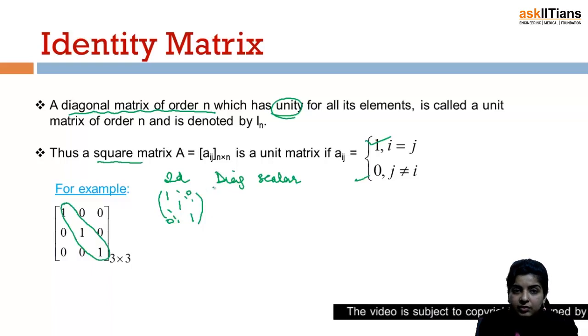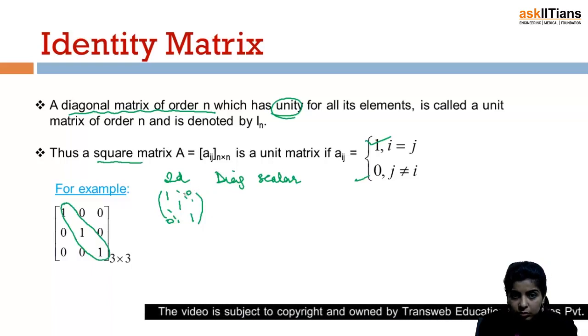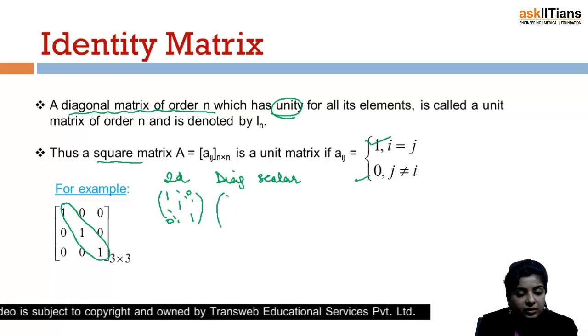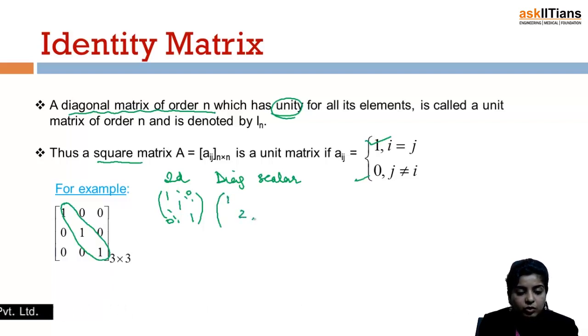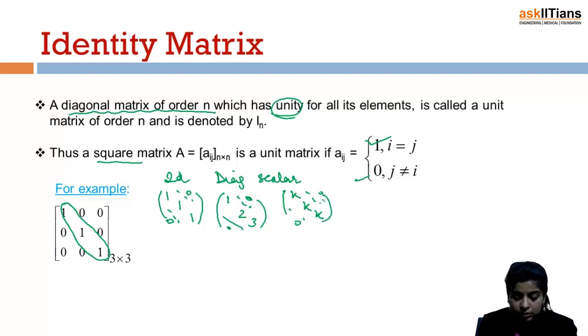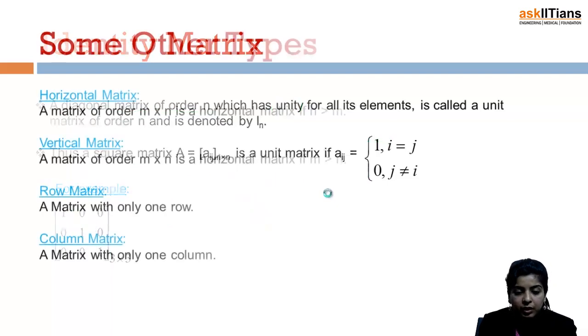In all the 3 cases, the non-diagonal elements have to be zeros, okay? In case of diagonal matrix, you can have anything in the diagonal elements, 1, 2, 3 suppose, and the non-diagonal elements again have to be zeros. What about scalar matrix? The diagonal elements have to be same, any scalar k, and the non-diagonal elements again have to be zeros. So it must be clear by now, I suppose.